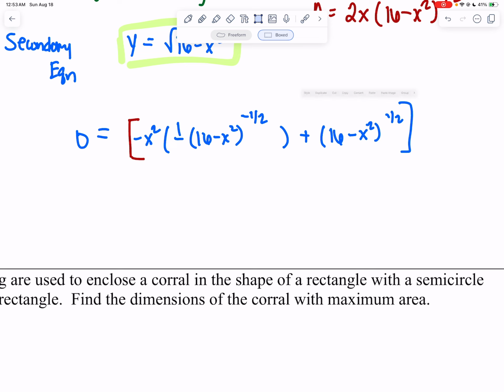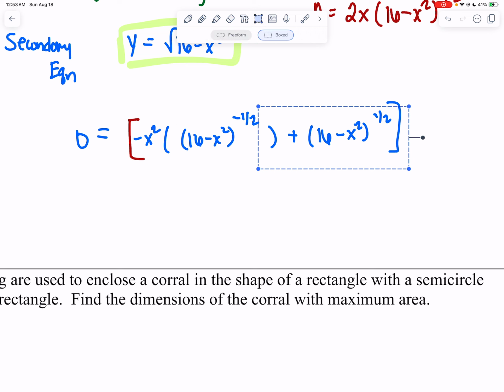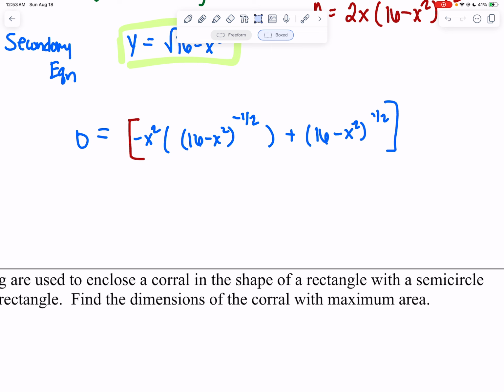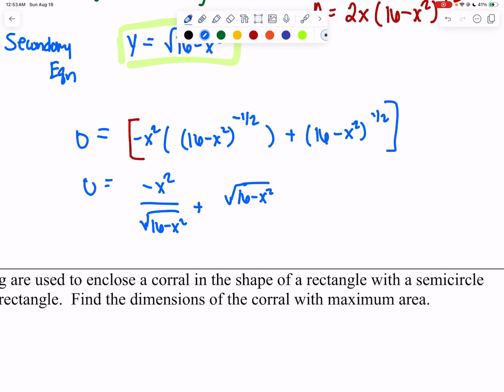And then I guess at this point, what we're going to do is convert all of this back into a radical and see what happens. So I have 0 is equal to negative x squared over root 16 minus x squared, plus root 16 minus x squared.